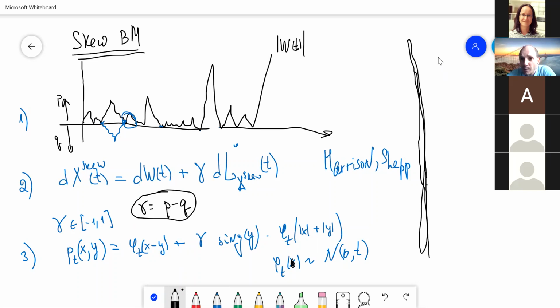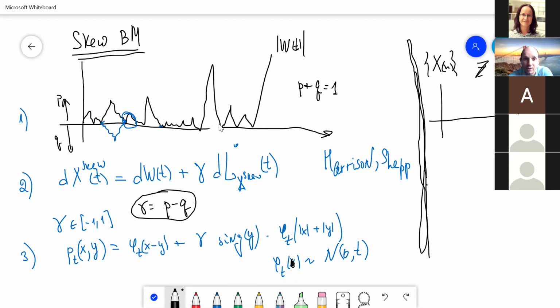And Harrison and Shepp considered a random walk X_n on Z. Yes, P plus Q is 1, Q equals 1 minus P. So with probability P you leave the excursion upwards, and with probability Q equals 1 minus P, you flip this excursion down.